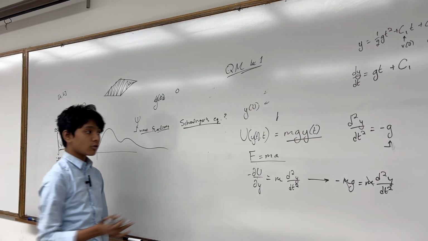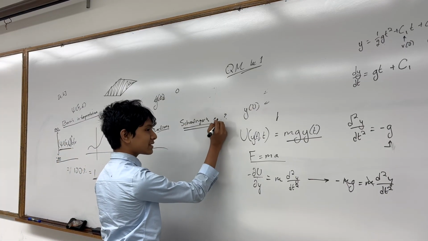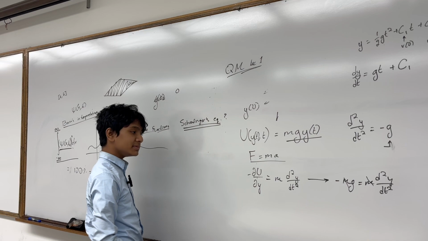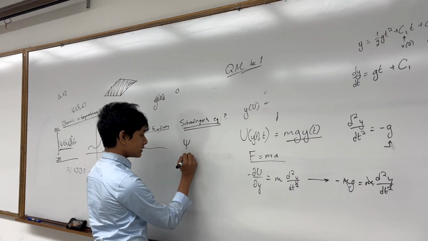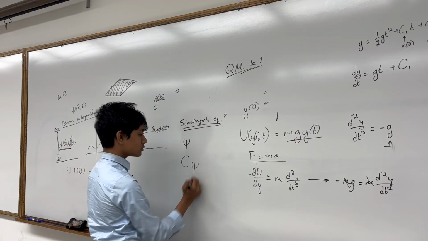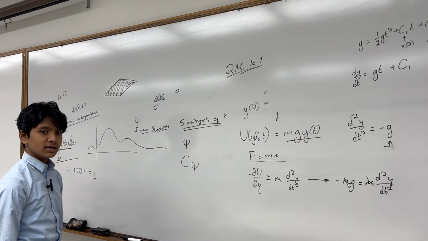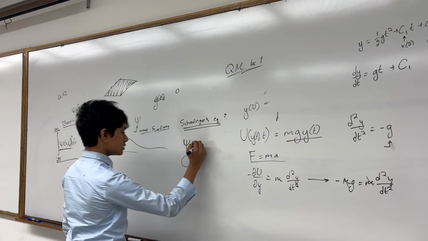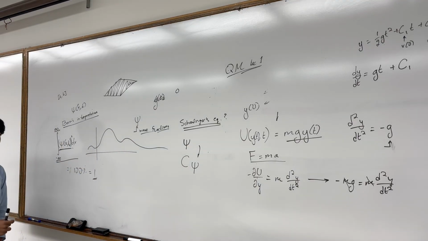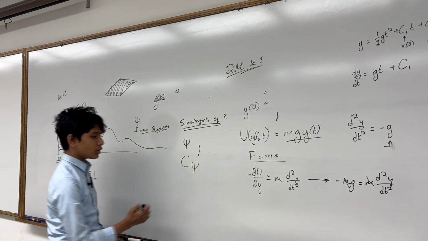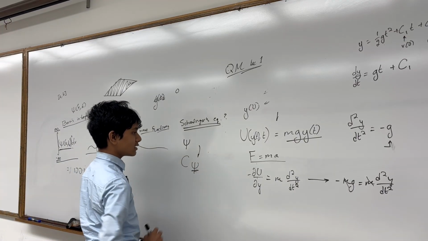Well, it turns out Schrodinger's equation actually satisfies linearity, which means that if phi is a solution, c multiplied by phi is going to be a solution too. So, there goes the problem for us. And of course, you might ask, well, what happens if this is changing over time?